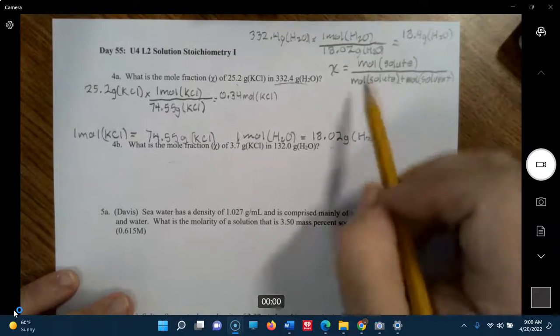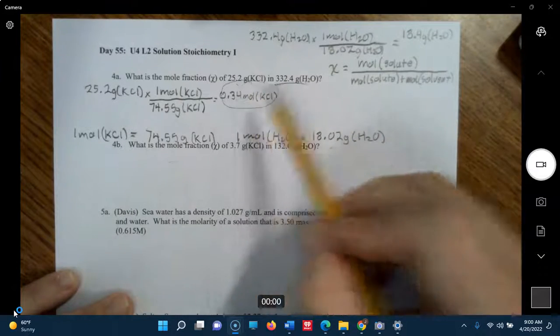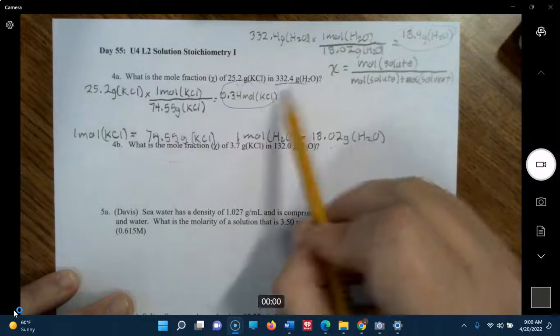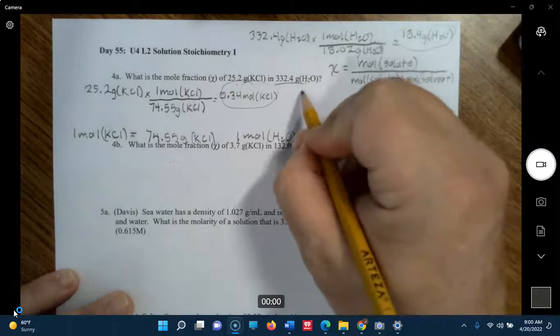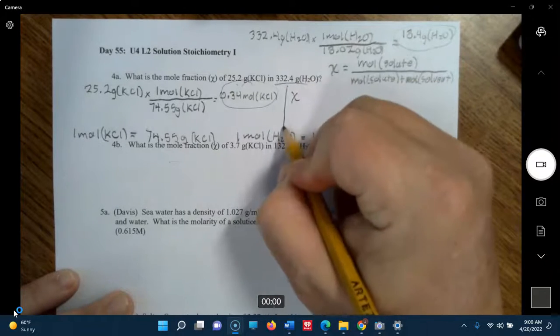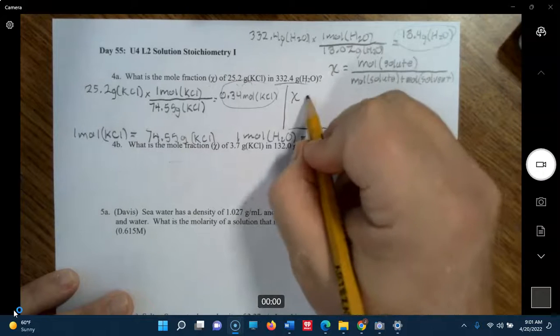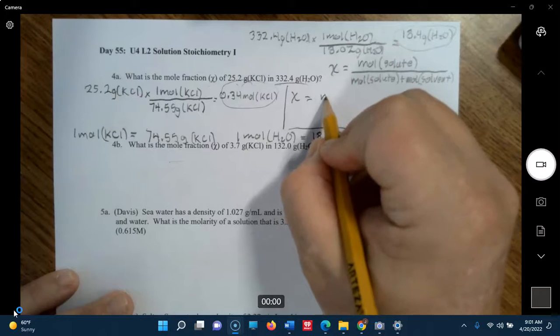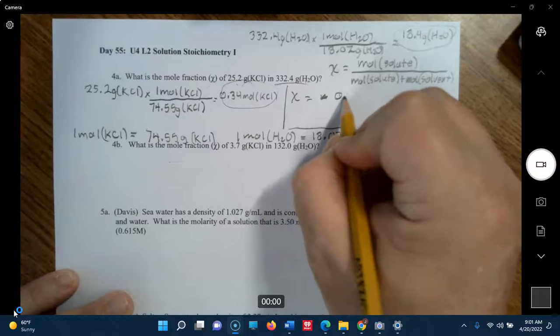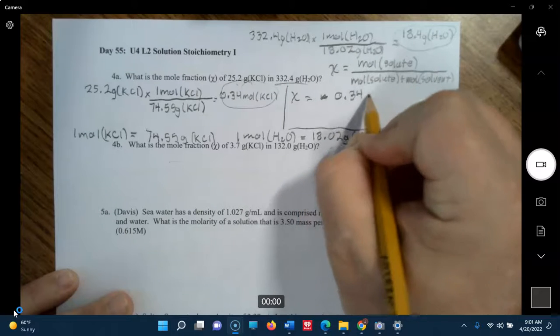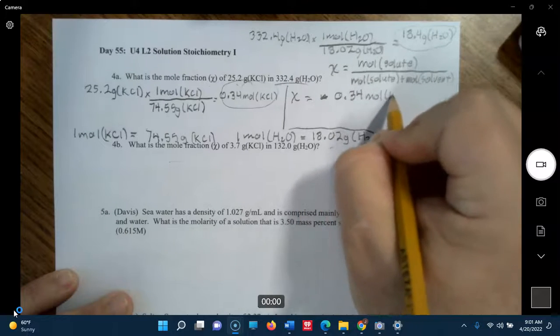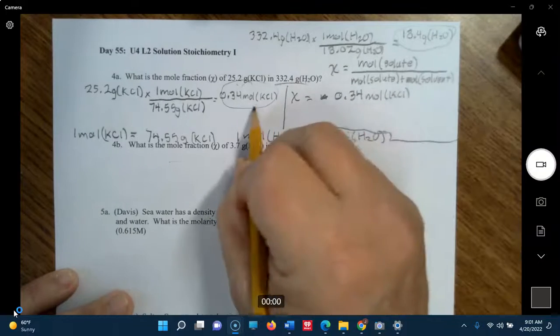Okay, so now we're going to plug it into this. We have this for KCl, we have this for H2O. So moles of solute is going to be, I'll draw a line here, block it off here so you can see it a little cleanly, equals 0.34. That's that number right there.